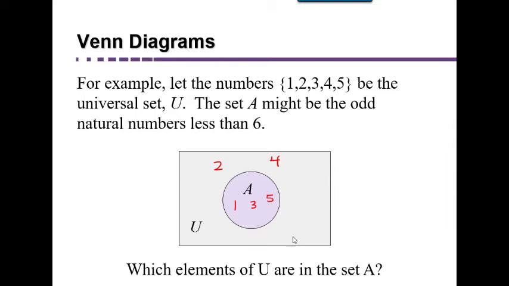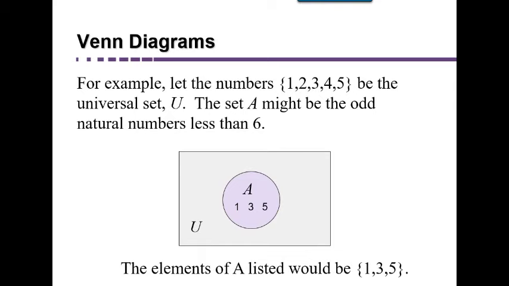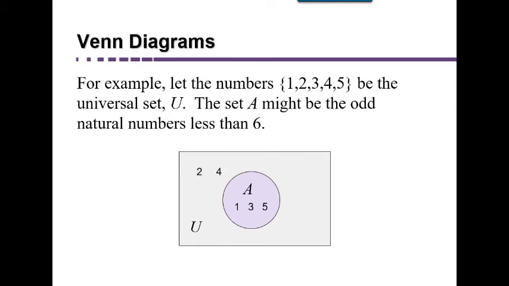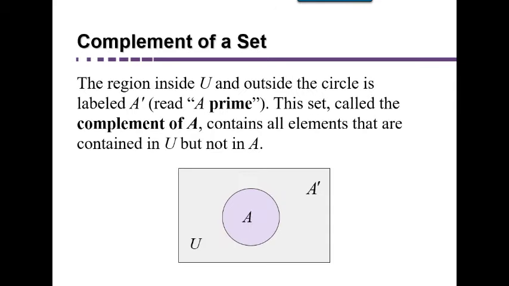So a 5 should not go out here. Now whatever's not in set A should go out there. So the 2 and the 4, those would have to go outside the circle.